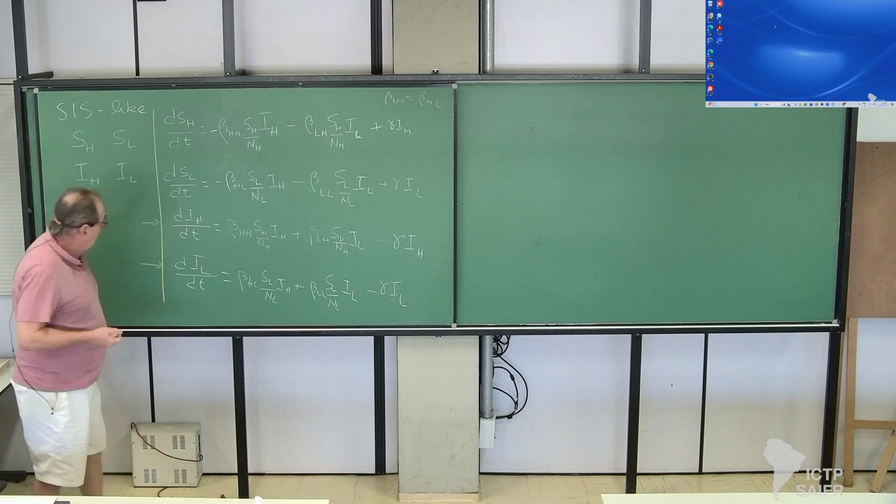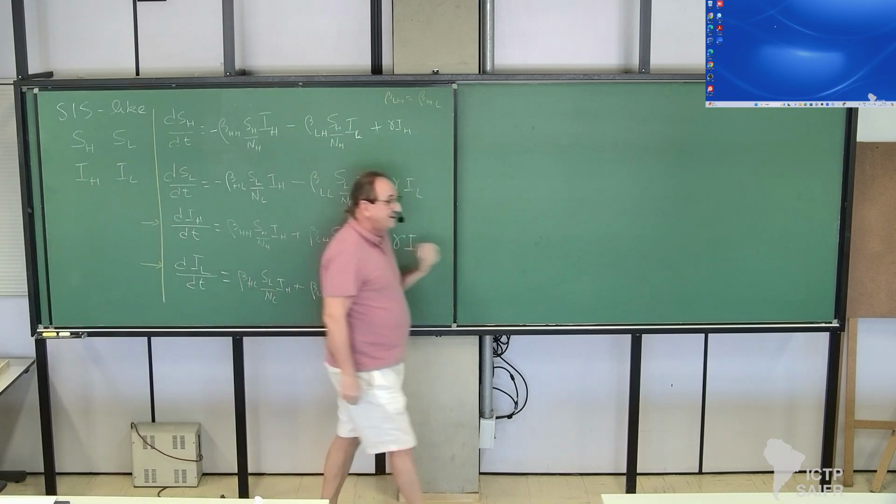And in this way you will calculate R0 as the condition that the disease-free state is unstable. If you are disease-free and you introduce some infected people, then it grows.